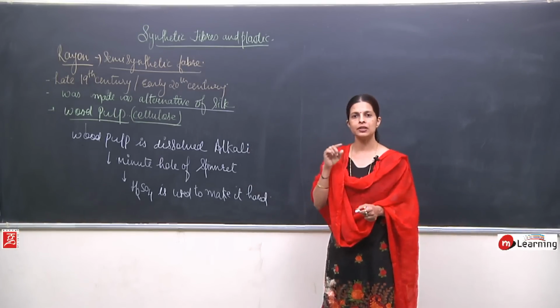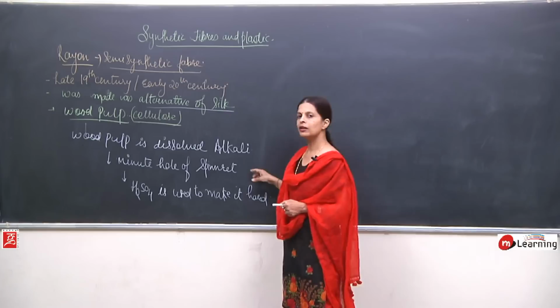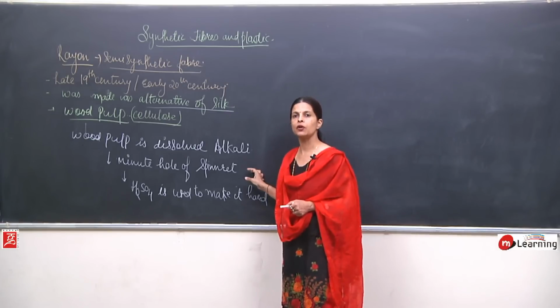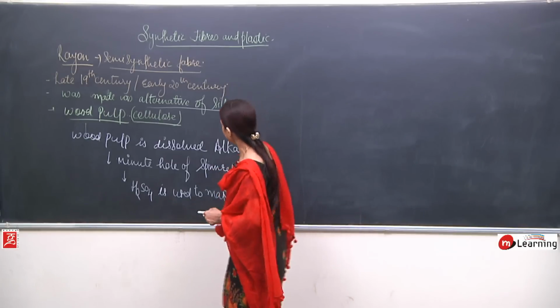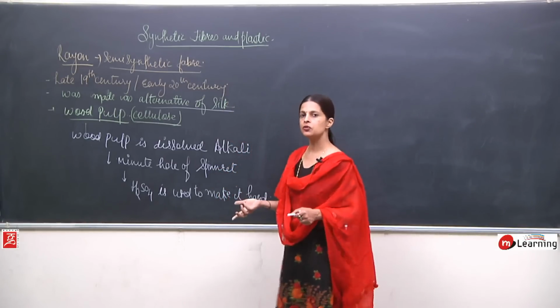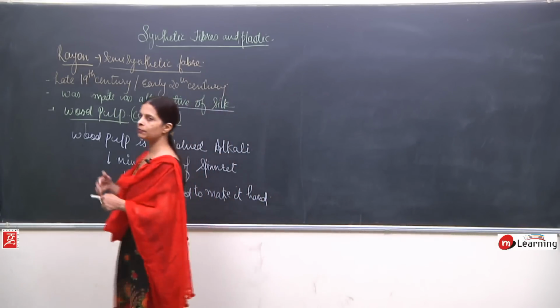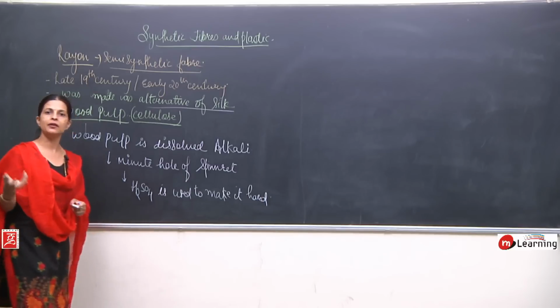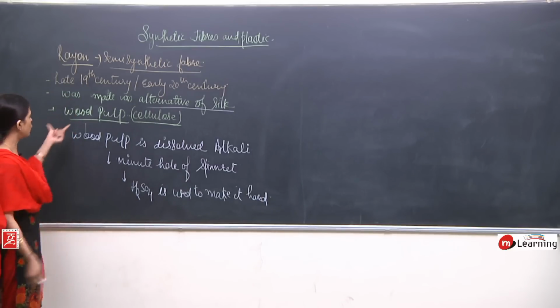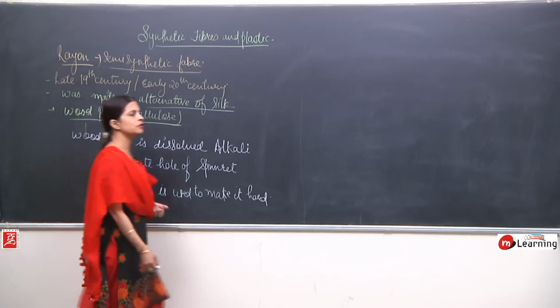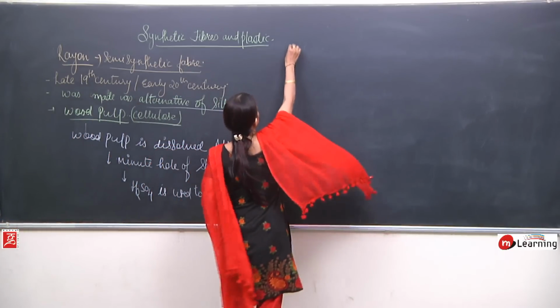Now to make it very strong, it is dipped into H2SO4, or sulfuric acid. After this it can be used to make the fabric. So this is how wood pulp is utilized to make this fiber.